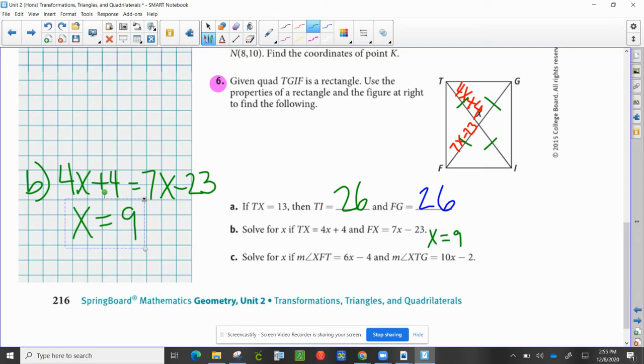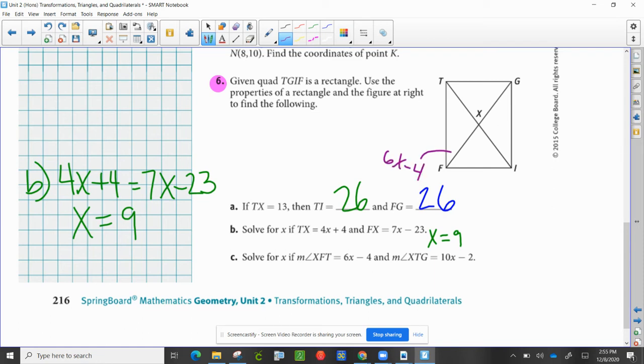We'll put that in there. Okay. Last one, let's solve for x if angle XFT, so let me erase this again so I can get a clean picture. So angle XFT, that'd be this angle here, is 6x minus 4.